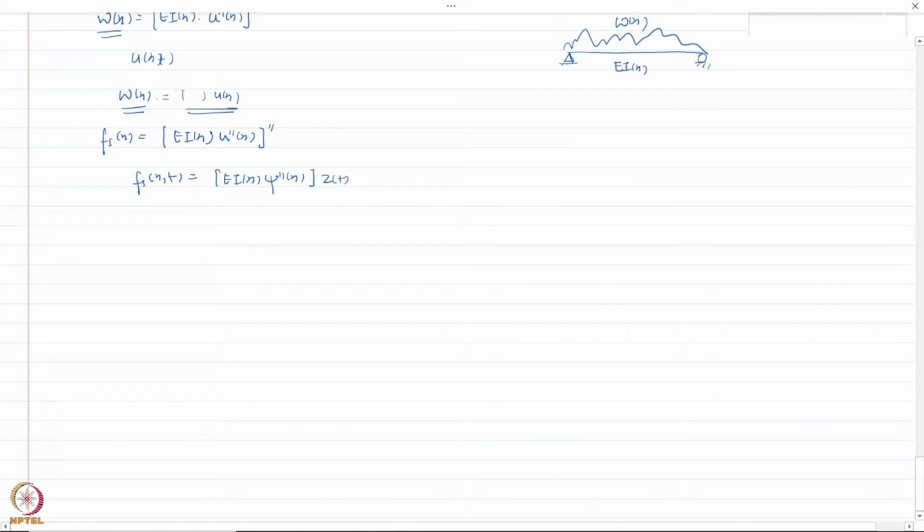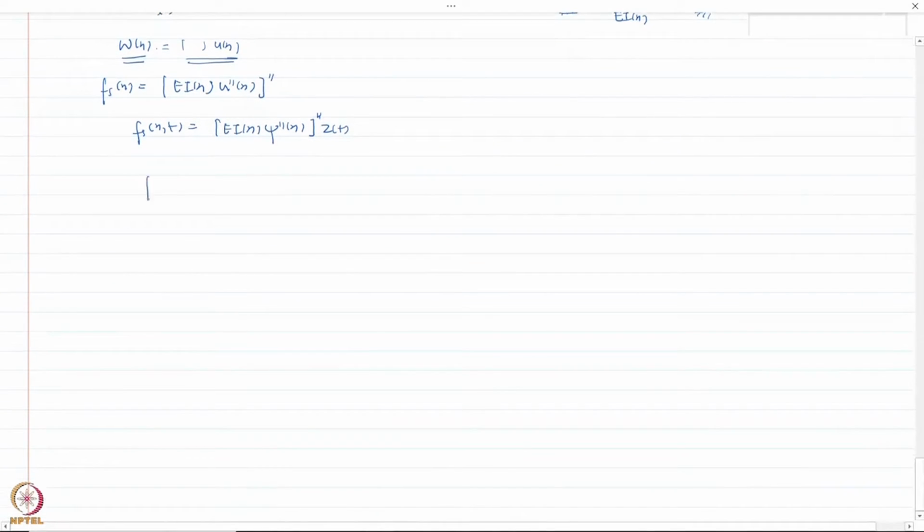This is the expression that I would be using to get the external force. So this is the external force that needs to be applied. Now we can do some simple manipulation and we can see that the same expression can be converted to omega n square m of x times phi of x times z(t).